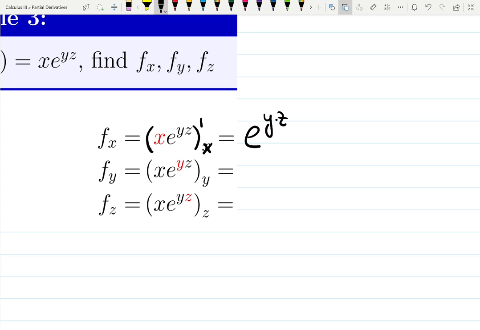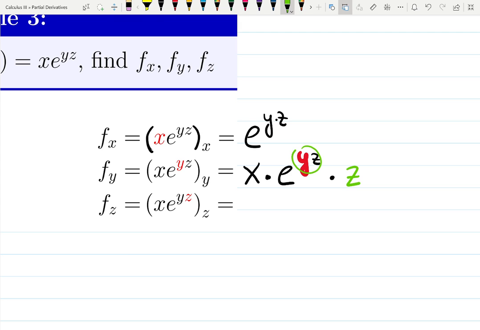So with respect to y, x survives because it's multiplied by a variable. What kind of variable? E raised to the yz, where y is the variable. That means there is chain rule going on, times the derivative of the function in the exponent, which is times z. This is getting interesting.